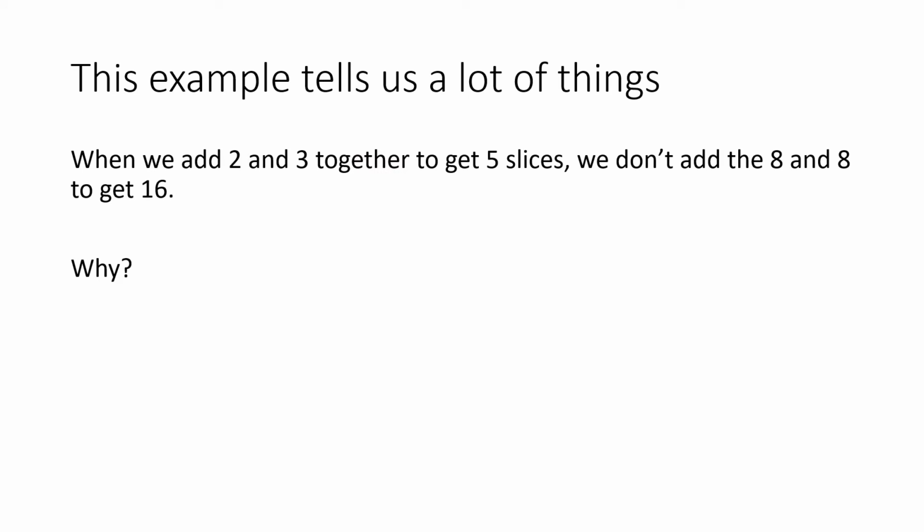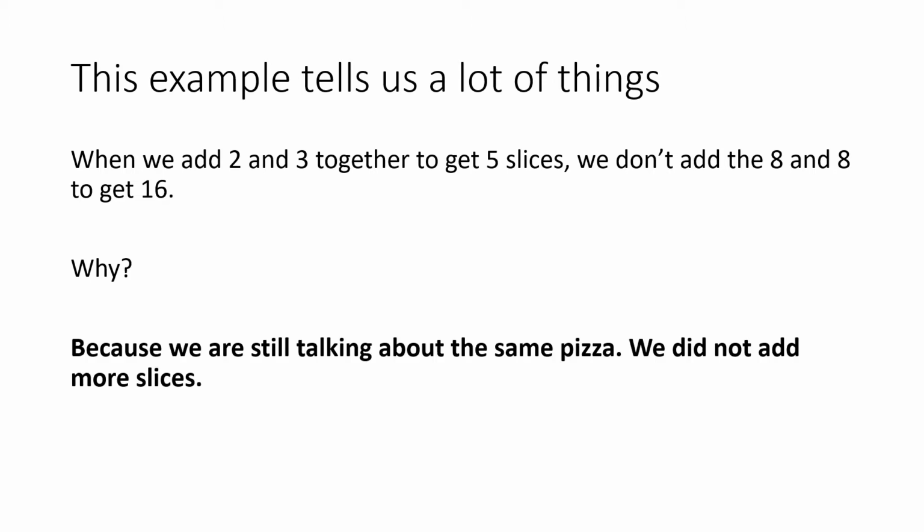One of the things it tells us is that when we add 2 and 3 together to get 5 slices, why don't we add 8 and 8 together to get 16? Why is that? Any guesses? Well, because we are still talking about the same pizza.